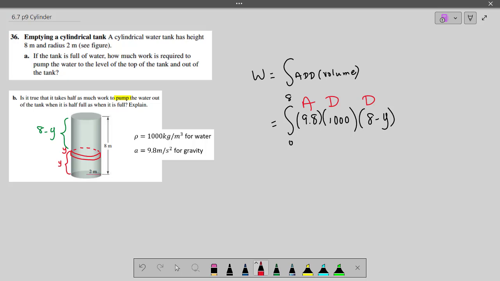Now the volume. Again, the volume is not the volume of the tank. It is the volume of our representative slice, which is the area of the cross-section multiplied by dy. So dy is going to give us this dimension, this vertical dimension right there. So the volume is the volume of that slice.